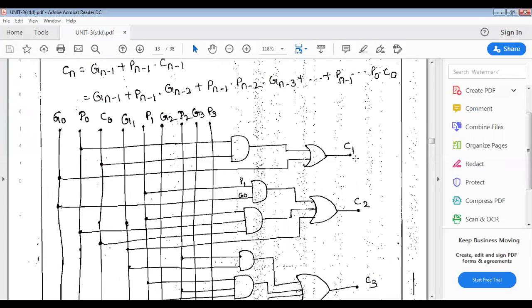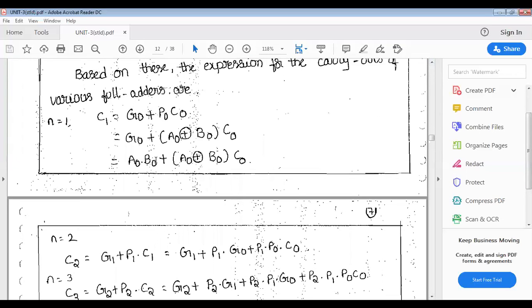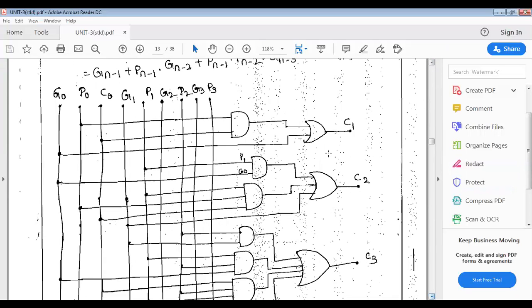See the logical diagram of C1. Let us see the C1 equation. C1 is equal to A naught B naught plus A naught exclusive OR B naught into C naught. This is the equation you can substitute in this.